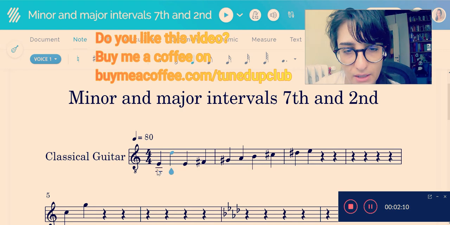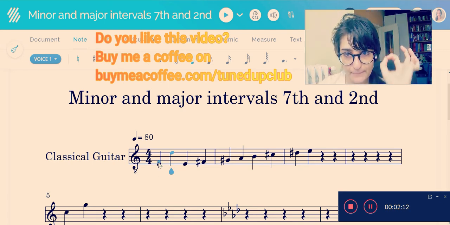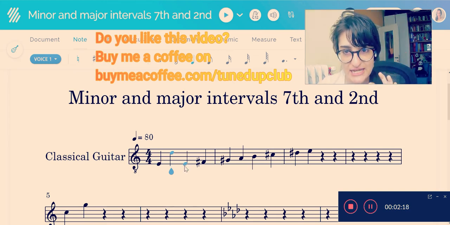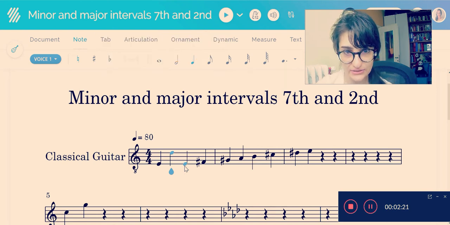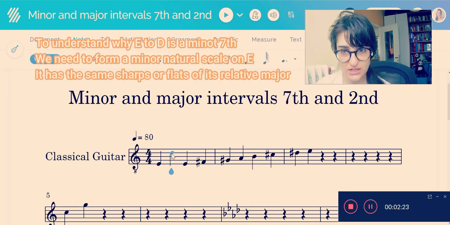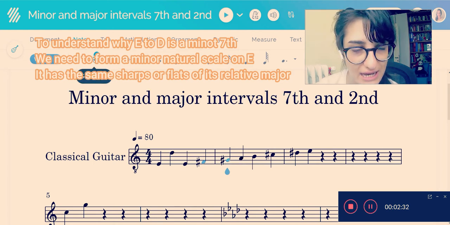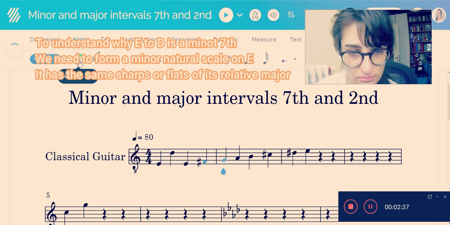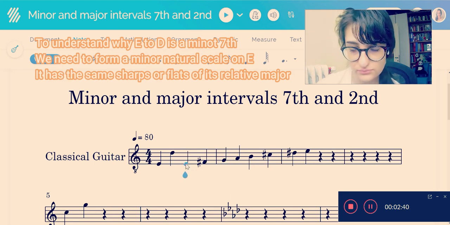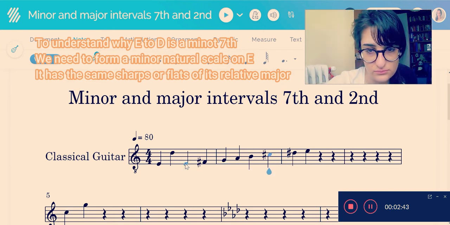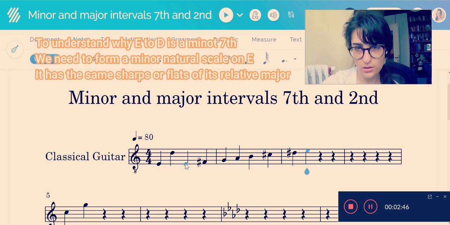When it comes to defining minor seventh, we need to form a natural minor scale. So the D here corresponds to the natural minor scale of E. Because if I was to form an ascending melodic minor scale of E, I hope I sung that right.